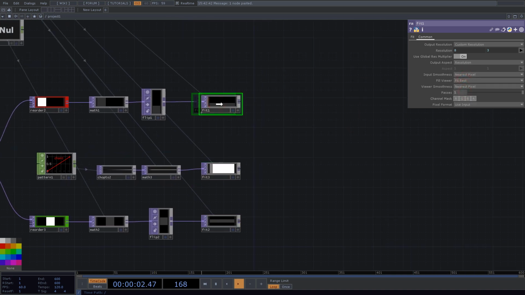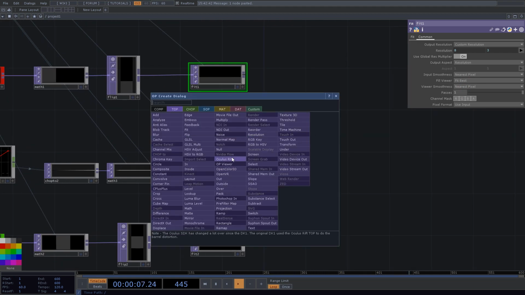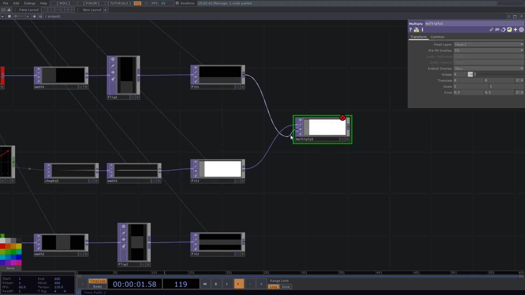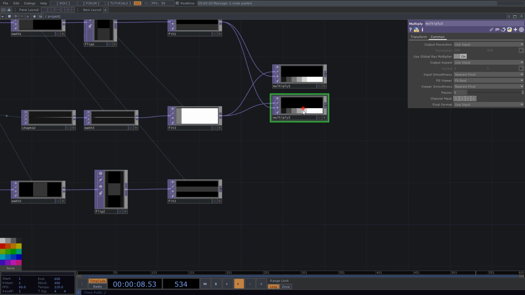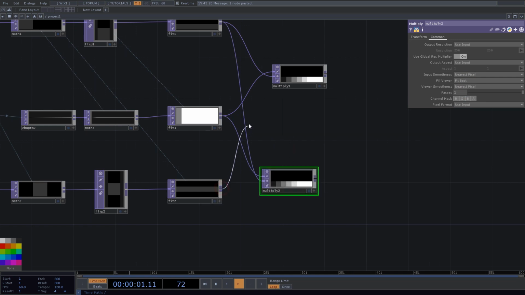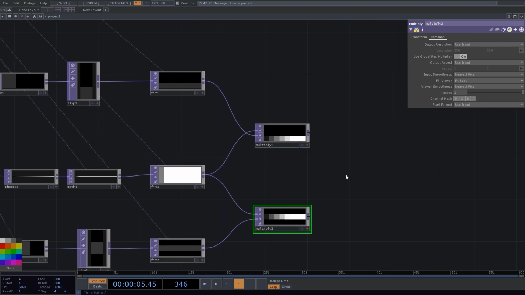Okay, now if I multiply this ramp I build with tx values, also with ty values, I will take this texture as x values for my points and this one for y values.